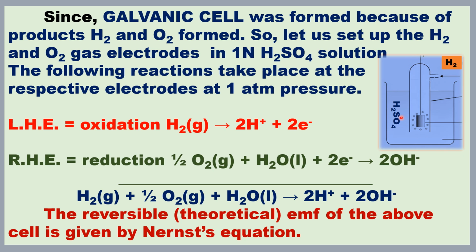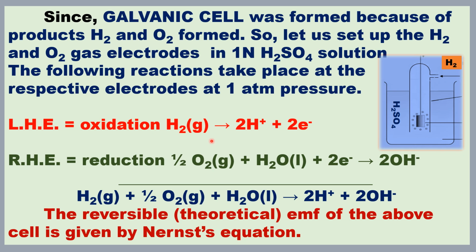Let us set up the hydrogen gas electrode and the oxygen gas electrode in one normal sulfuric acid solution. The following reaction takes place at the respective electrodes.